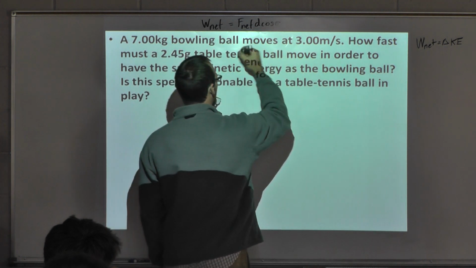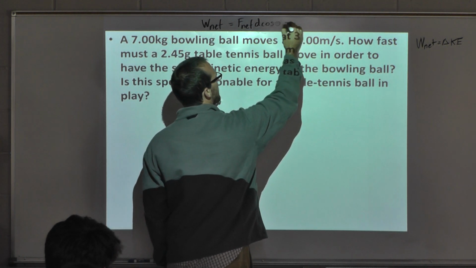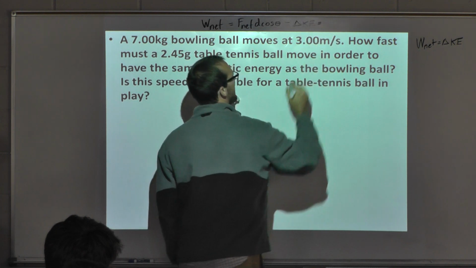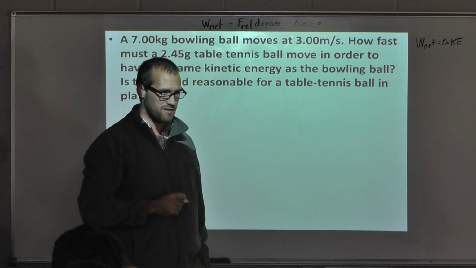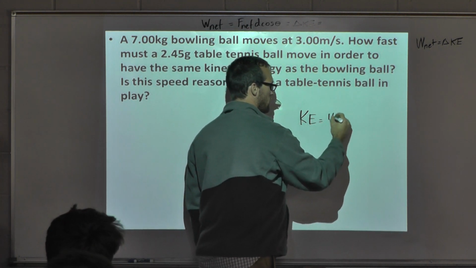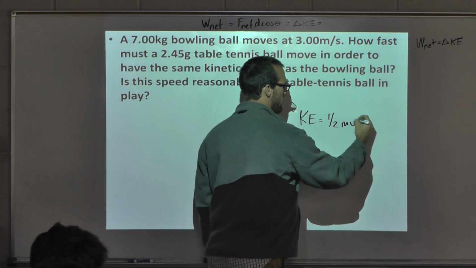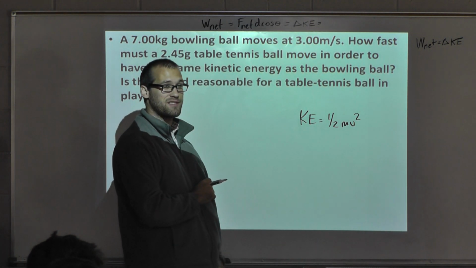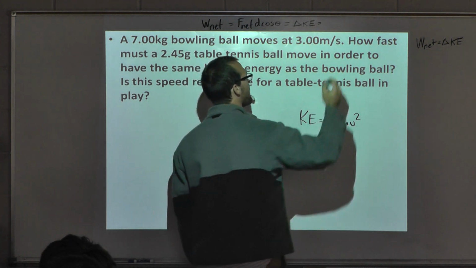And we know net work also equals the change in kinetic energy. And we also know that kinetic energy is 1/2 mv squared. The change in kinetic energy would be the final minus initial version of that.